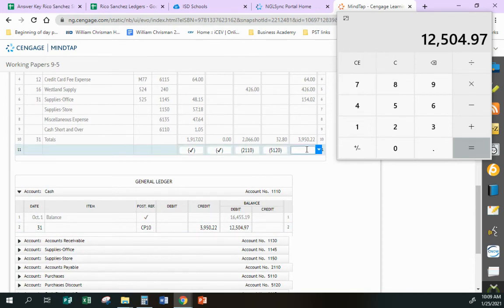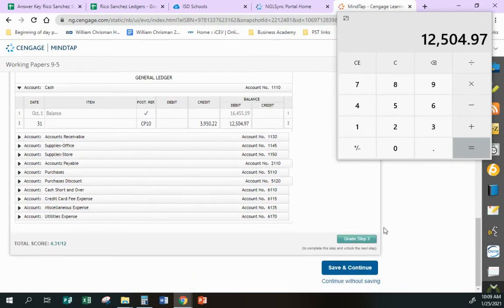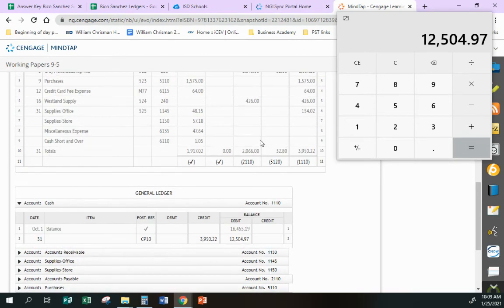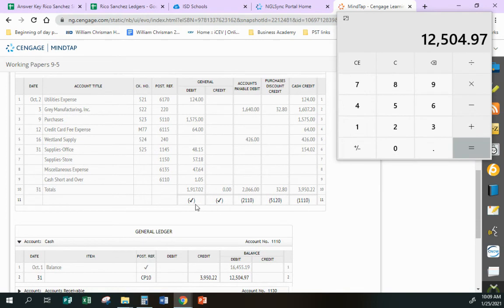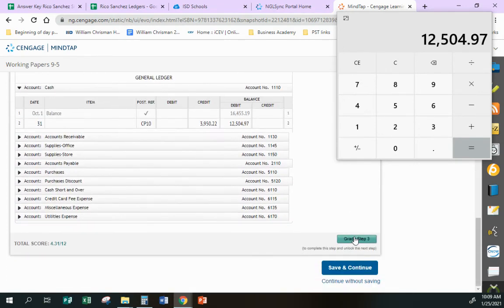And you're going to come put that account balance beneath there and make sure, the big thing is to make sure you put those check marks here to show those totals were not posted anywhere. Then you put those account numbers there.